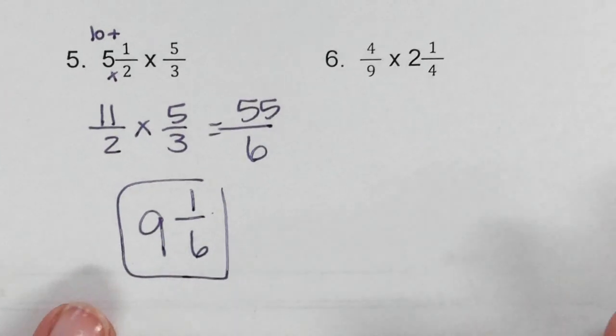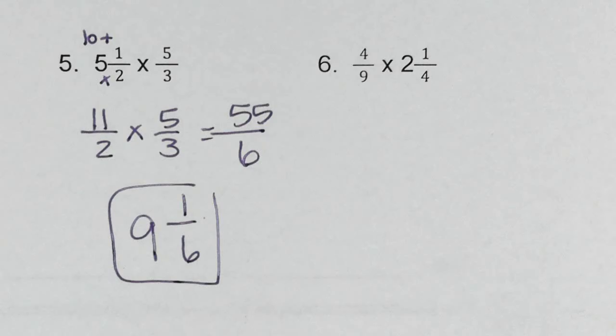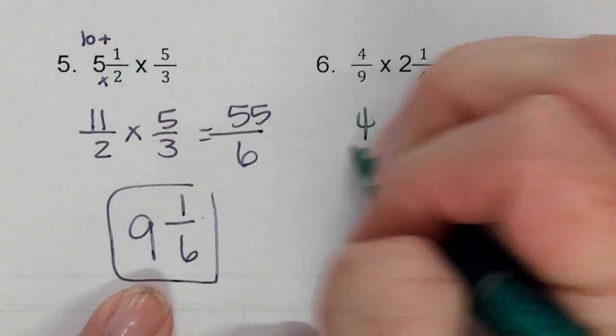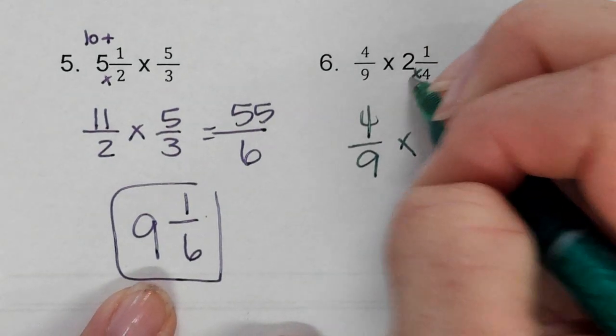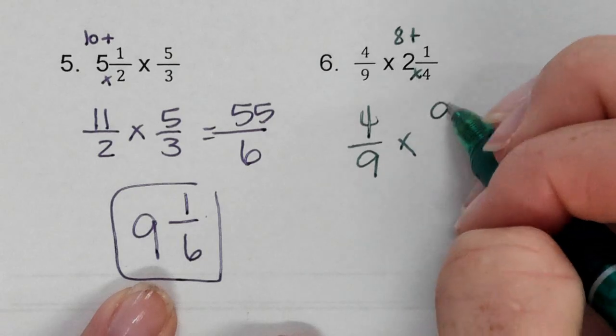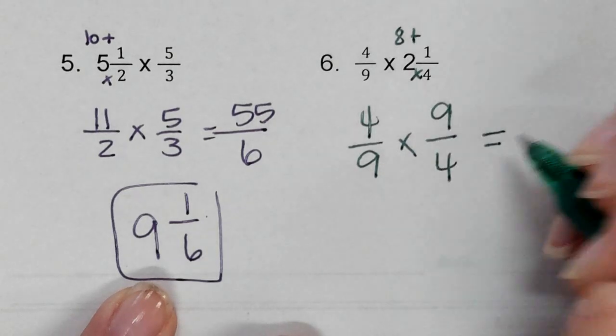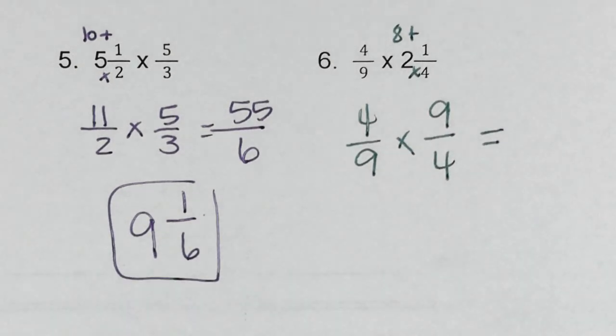Okay, let's look at the last one. Do you see a mixed fraction? So what do you have to do first? So I want y'all to do this one on your own. I'm going to do step 1. After you do step 1, I want you to look at the board and check. Check your step 1 before you move on. Yes, ma'am. Does it matter where I put the 9 for?